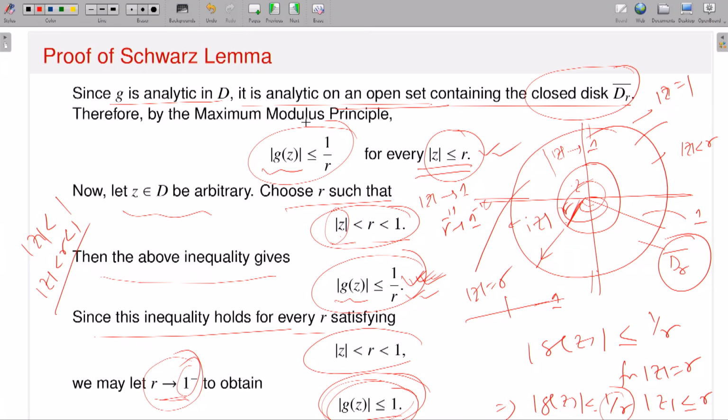Now what I am doing, since I am taking z as any arbitrary point in D, if I take z very near to the boundary of D, that means if mod z approaches 1, which implies R approaches 1, that means if I take R approaching 1 from below, I will conclude that modulus of g of z is less or equal to 1. So if I take any point z inside D, then modulus of g of z is also dominated by 1.